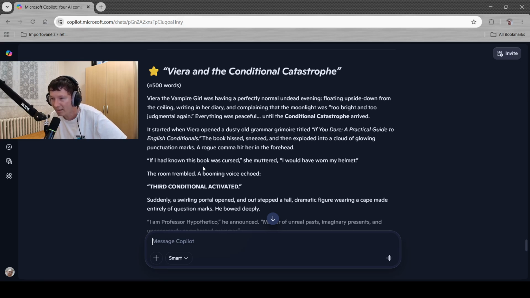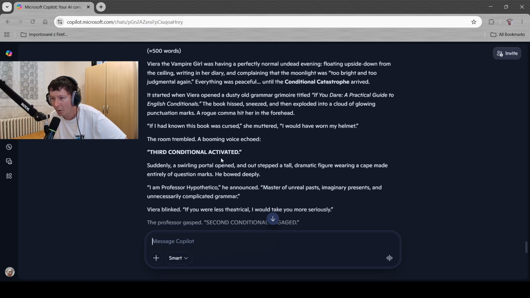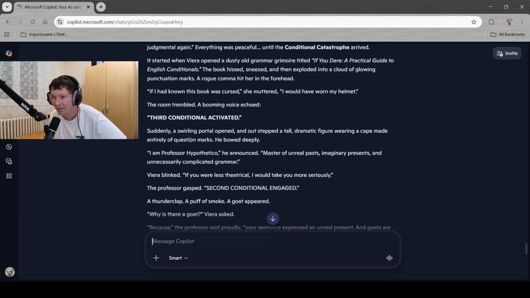If I had known this book was cursed, she muttered, I would have worn my helmet. The room trembled. A booming voice echoed, Third conditional activated. Suddenly a swirling portal opened, and out stepped a tall, dramatic figure wearing a cape made entirely of question marks. He bowed deeply.